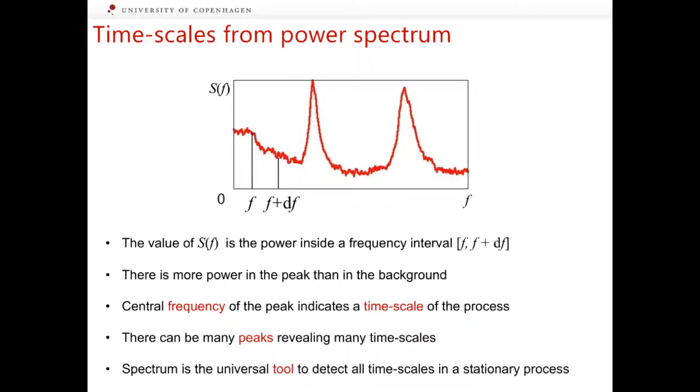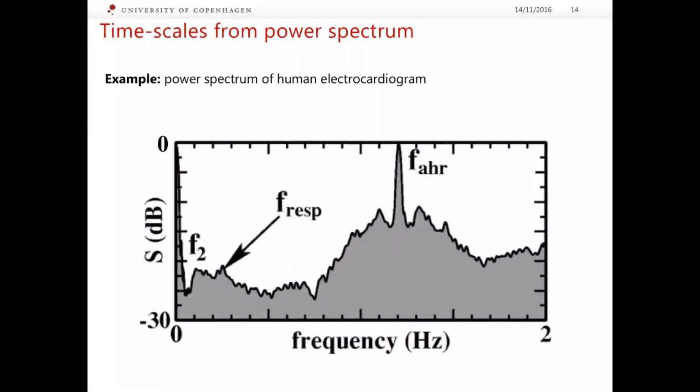The power spectrum is a universal tool to detect all time scales involved in a process if this process is stationary. Here, an example of the power spectrum is shown, which is obtained from a human electrocardiogram. In typical situations, we only have a single realization, a single signal recorded from the given system, such as the heart.